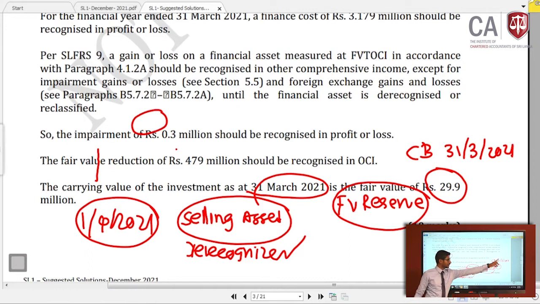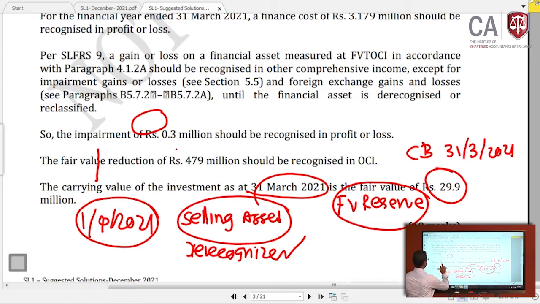The closing balance at 31st March 2021 is 29.9 million, and the sales proceeds are the same value, so there is no disposal gain or loss. But this fair value reserve, because the first year you had a fair value reserve, right.